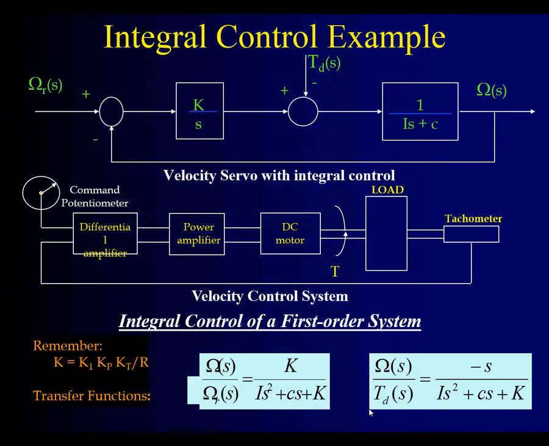So here we go. This is an integral control example, a velocity servo with integral control. You have here the transfer function of your system, and this is the measure of the angular velocity. Then this is the reference of the angular velocity. The difference between these two signals will produce an error.